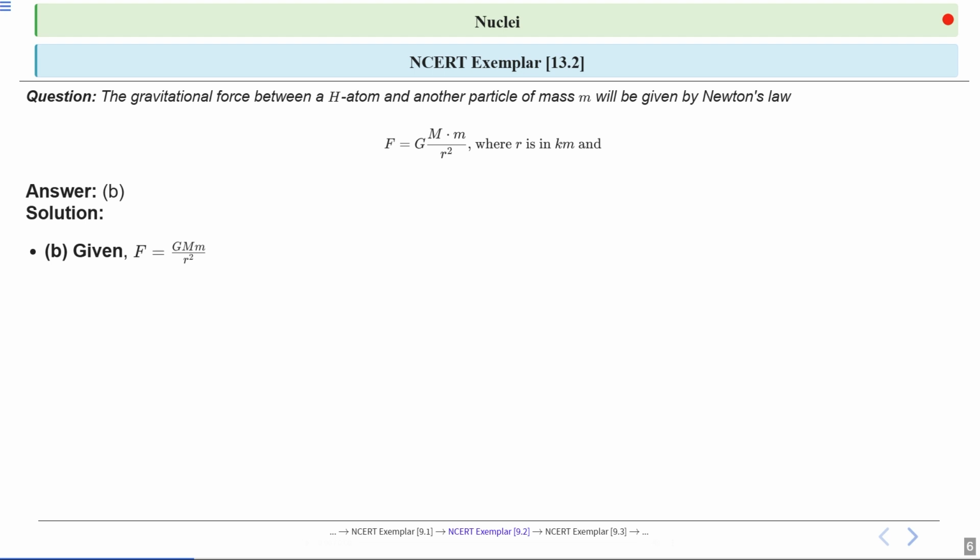Given the force F between two masses capital M and small m is equal to G capital M small m upon r square, where r is the distance. Here capital M is the hydrogen atom's effective mass.